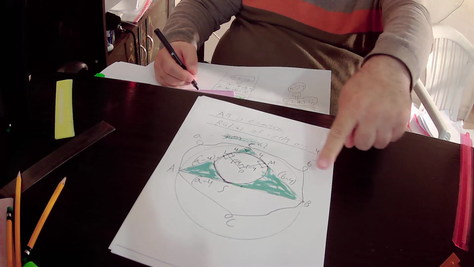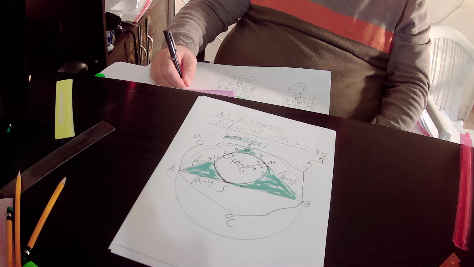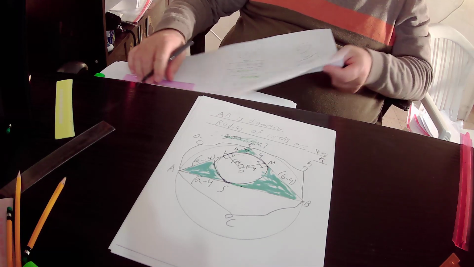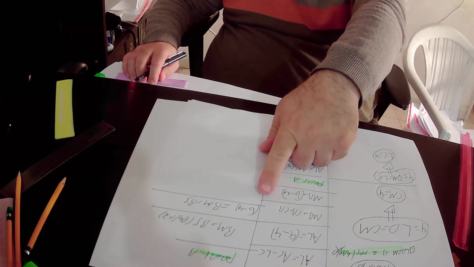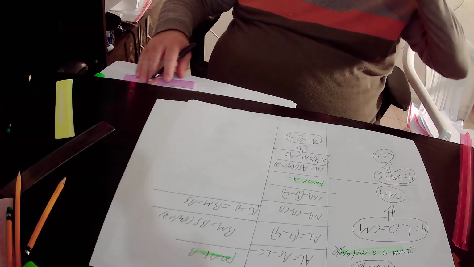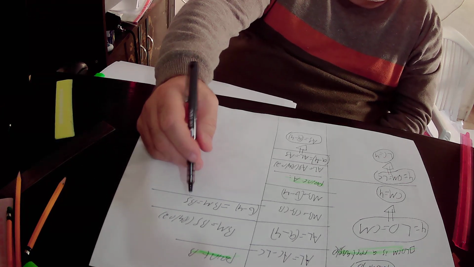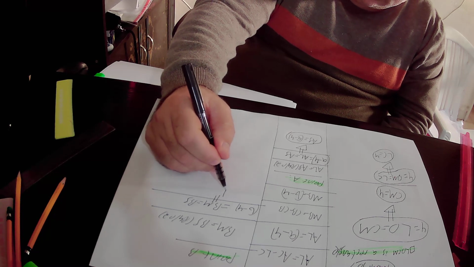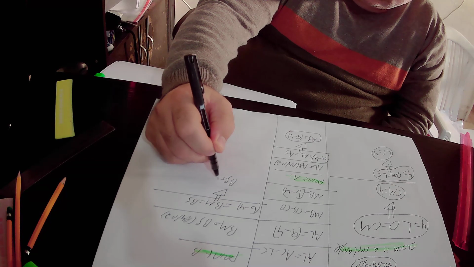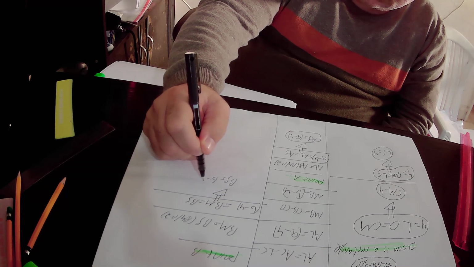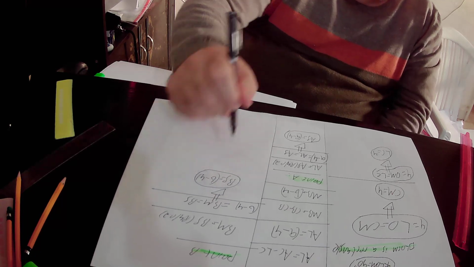But we have already found out that BM equals B minus 4. So you can write here that BM equals B minus 4. And from this equation, B minus 4 equals BM equals BS, we derive that BS is also equal to B minus 4.